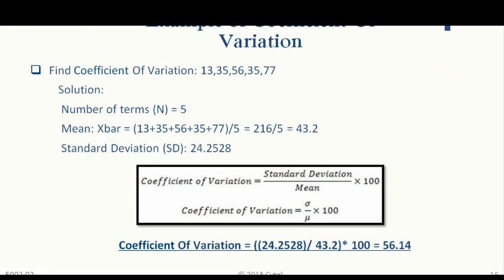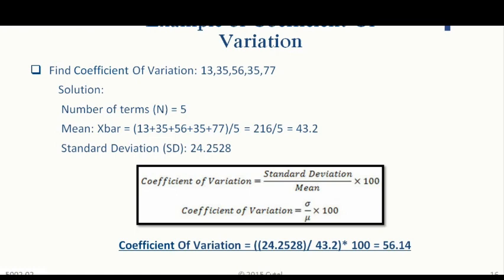So, for this particular data, you have these observations, you compute the mean and you compute the standard deviation. While I just thought of telling you, while computing the mean, whether it is sample or population, dividing is always by the number of observations.